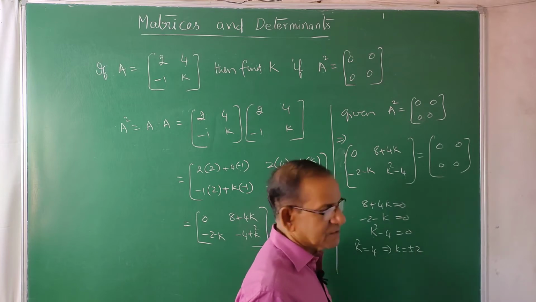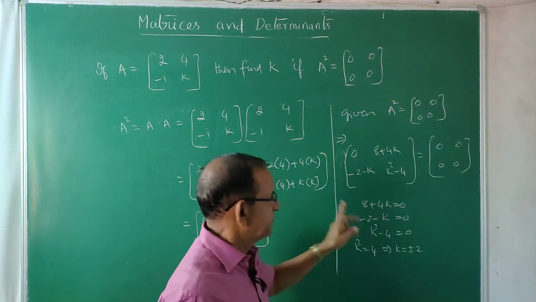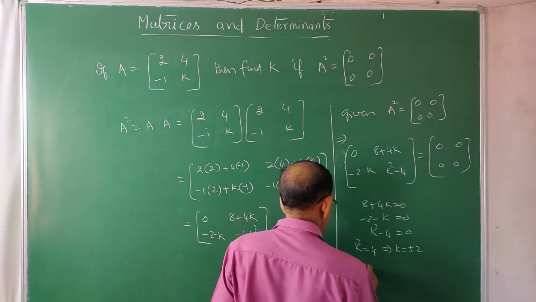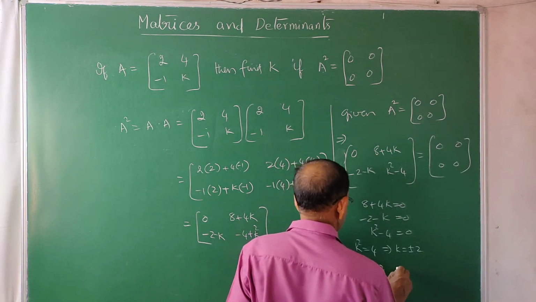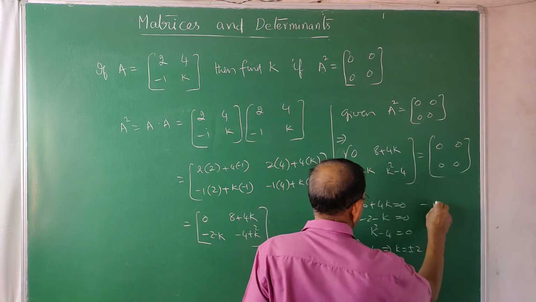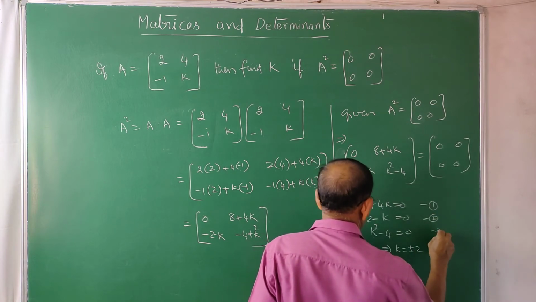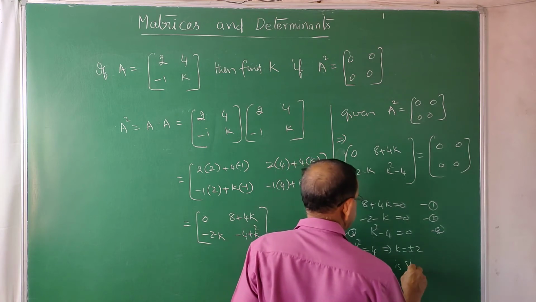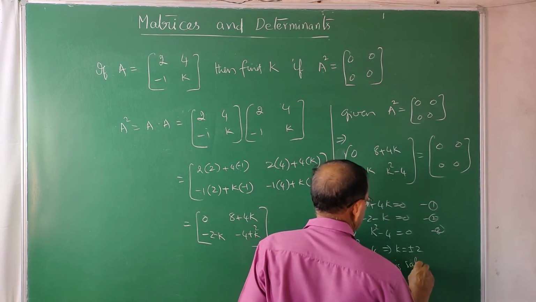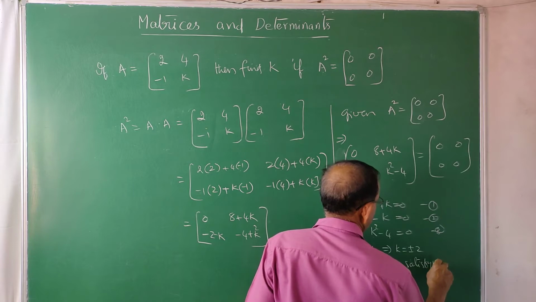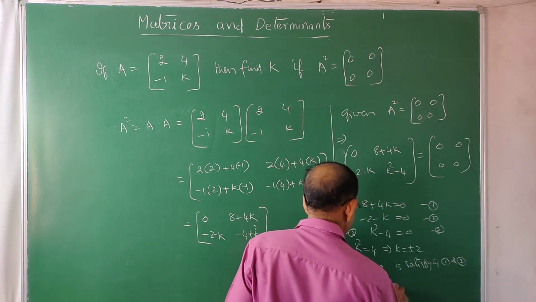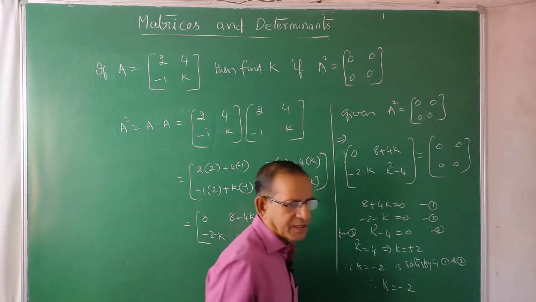Only k equal to minus 2 satisfies the first two equations, and it satisfies the third as well. Therefore, k is equal to minus 2 only, not plus 2.